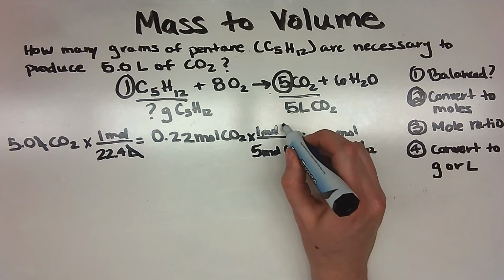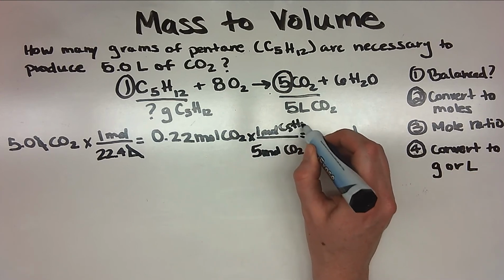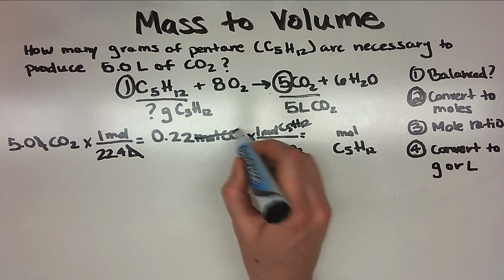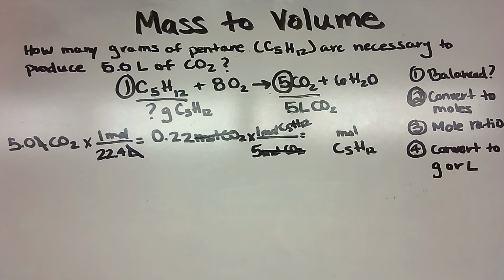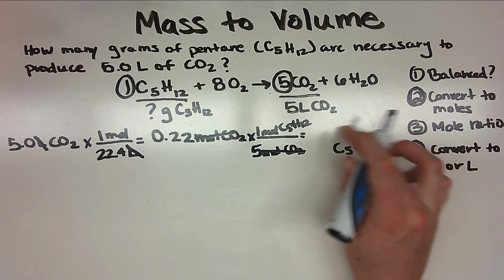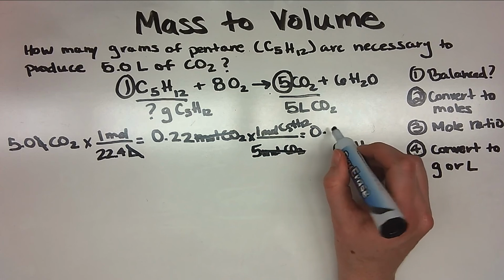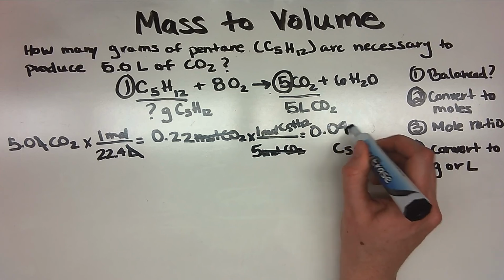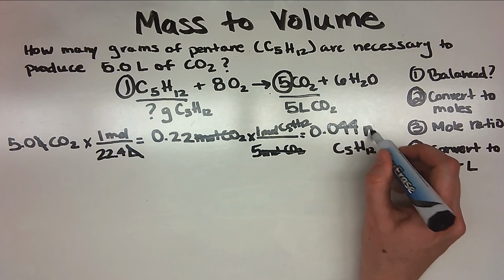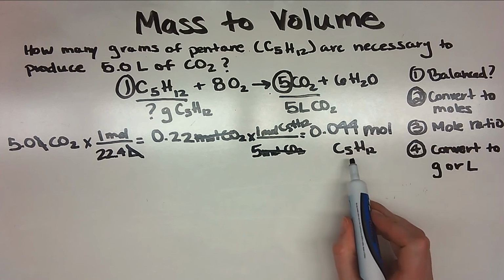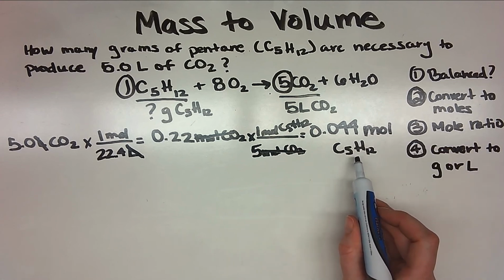Mole of pentane, so C5H12. So my mole of carbon dioxide will cancel out. I'm going to multiply everything across the top, so 0.22 times 1 divided by 5, and I have 0.044 mole of pentane.